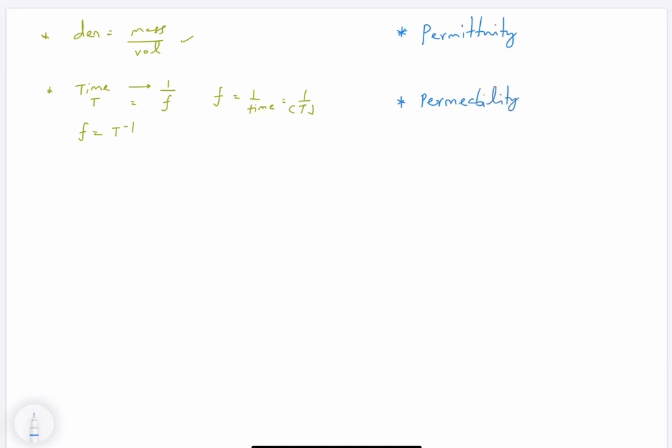Permittivity is nothing but epsilon naught, that's how you define it, and mu naught. Actually, the definitions and what they represent are quite different, which I'll explain when we slowly come into electrostatics.